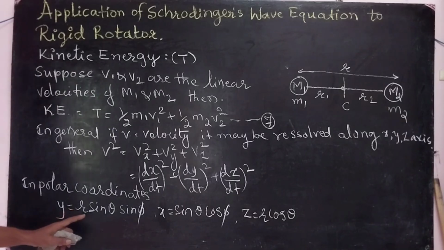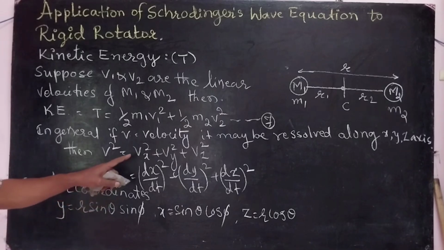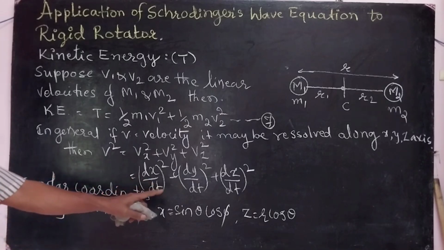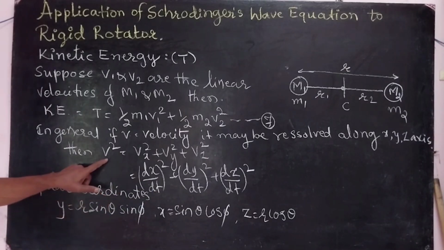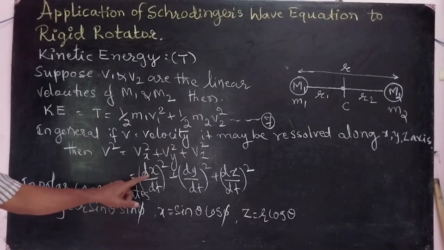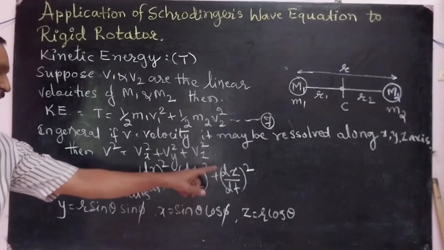That means the polar coordinates are r, theta and phi. Thus the x, y, z axes may be converted into these. Then the velocities become (dx by dt) square along the x axis, and similarly along the y axis and the z axis.